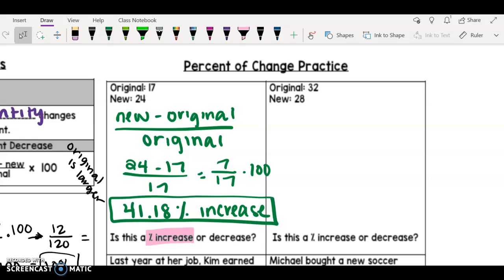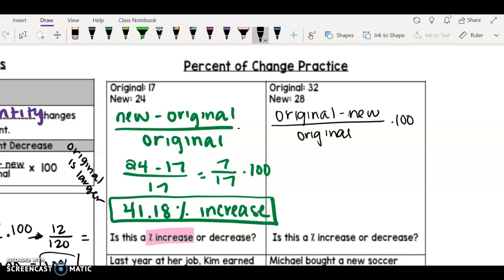So let's do number 2. So number 2, we have our original is larger than our new number. So we have to do our original minus new, and we always divide by our original. And then we'll times by 100. I probably should have added that over here. So we have 32 minus 28 all over 32.